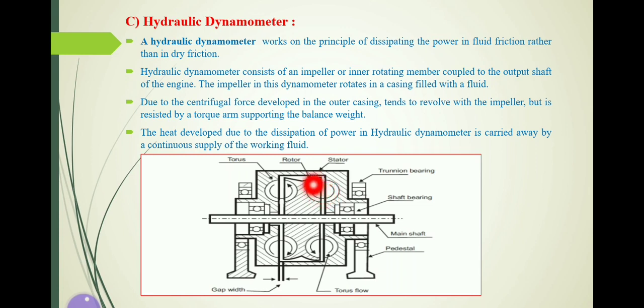So what will happen now? If the main shaft rotates, the rotor will rotate, but that rotor has to pass through the liquid which is available surrounding this rotor, so that liquid will offer some resistance to this rotor and the speed of the rotor is going to decrease. At one point the rotor is going to stop completely if we increase the pressure of the liquid.